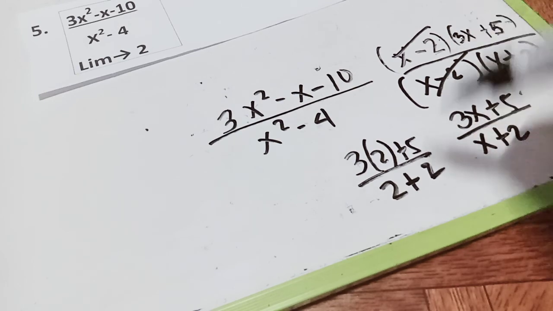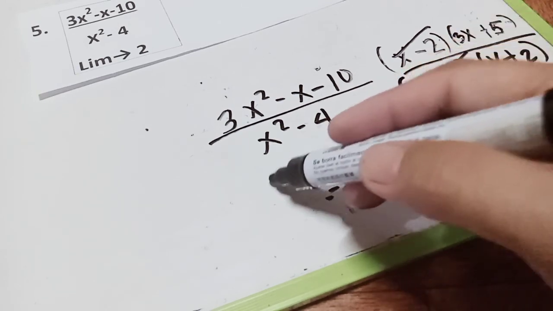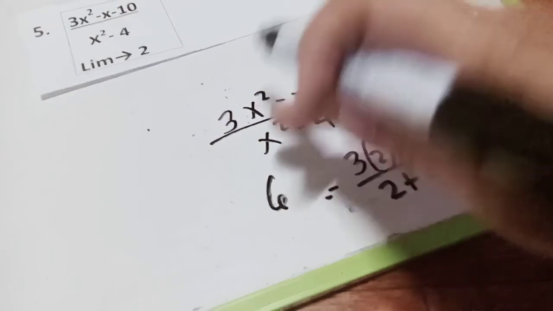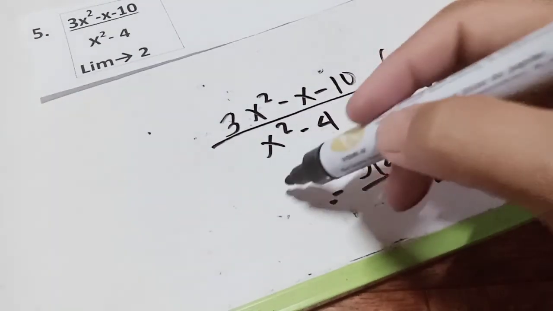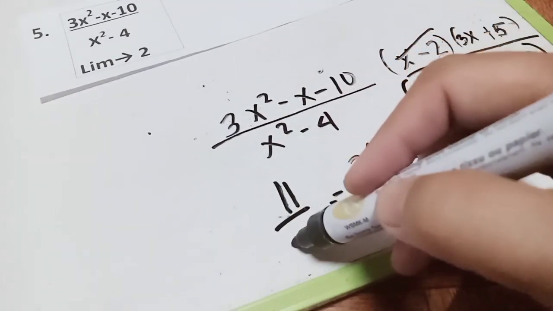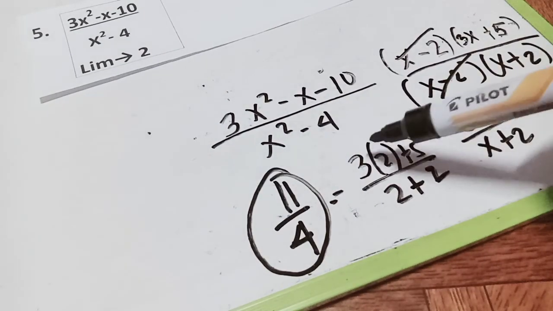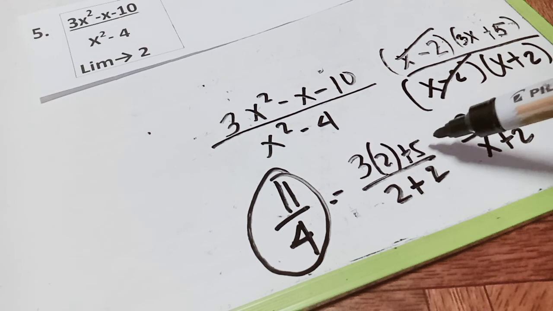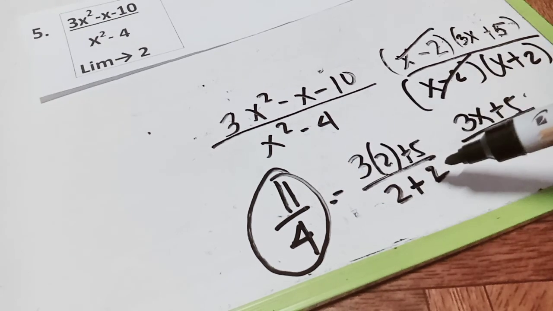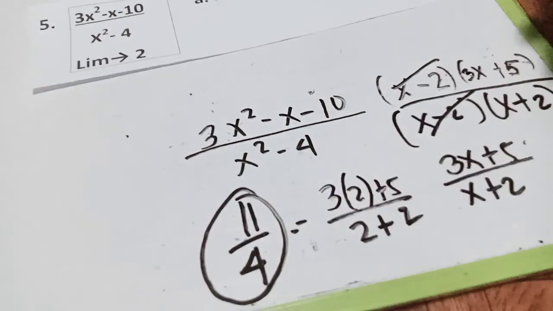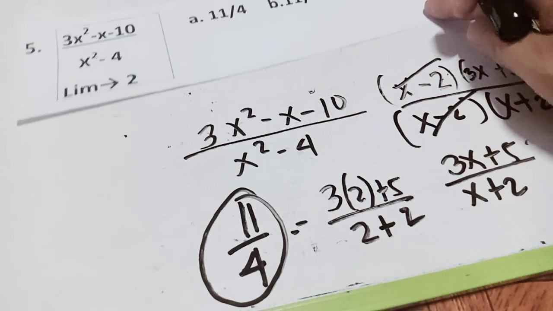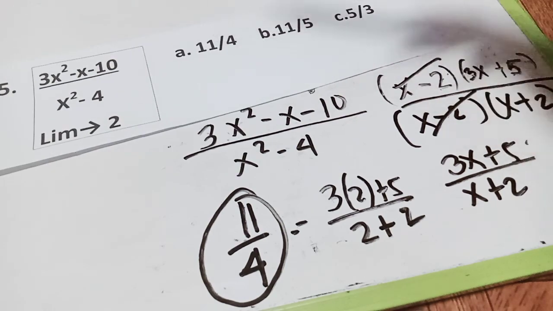So 3 times 2, we have 6. 6 plus 5 will become 11, and 2 plus 2 will become 4, so 11 over 4. So the best answer for limits will be letter A. Take note, guys. Letter A is the best answer.